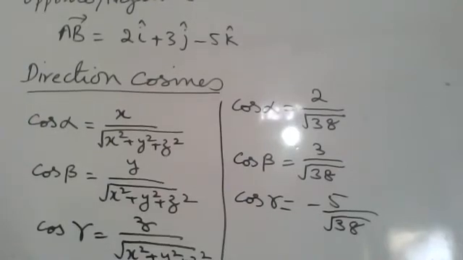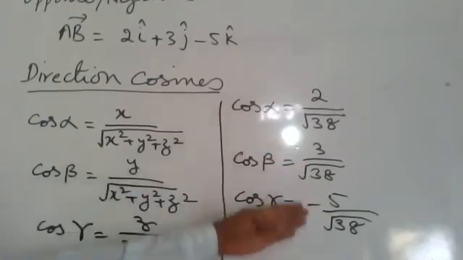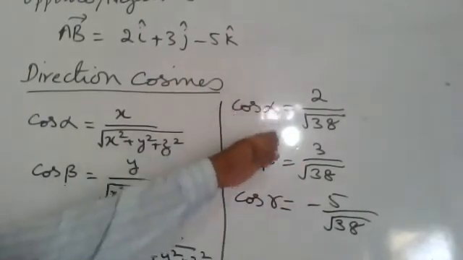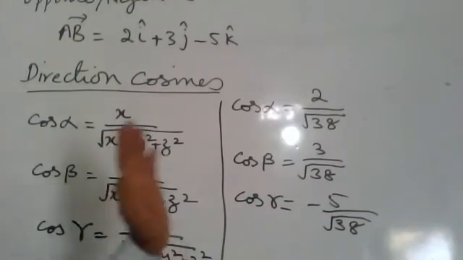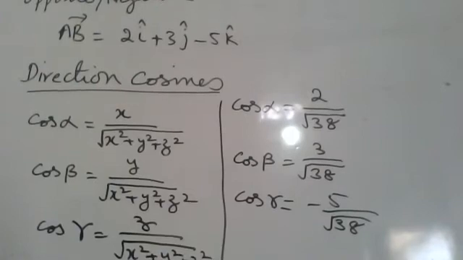These are the direction cosines. No need to find the cos inverse of 2 upon root 38, cos inverse of 3 upon root 38, or cos inverse of minus 5 upon root 38. Yes, if you are asked to find the angles alpha, beta and gamma, then we will take the cos inverse of each one.